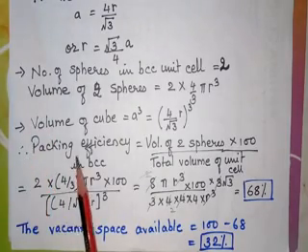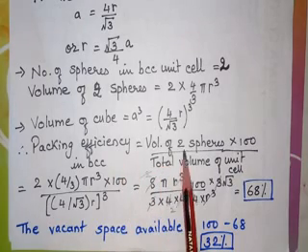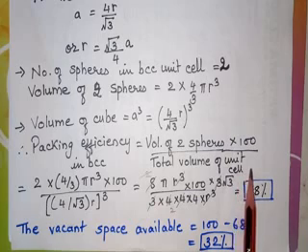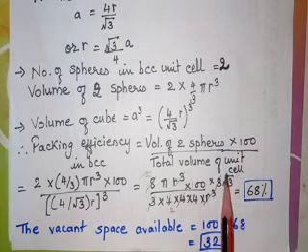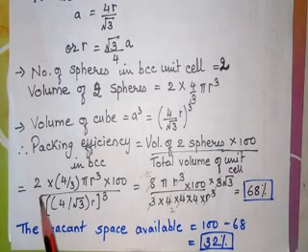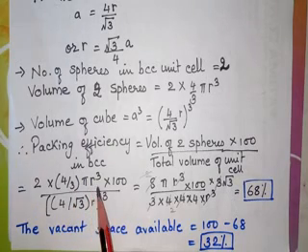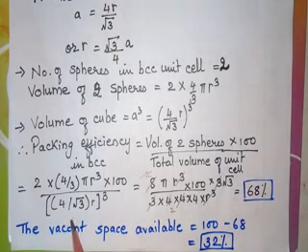Therefore, packing efficiency is equal to volume of two spheres into 100 upon total volume of the unit cell. Now 2 is for two spheres, 4 by 3 pi r cube is the volume of the sphere, into 100 divided by the volume of the unit cell, that is 4 upon root 3 r the whole cube.